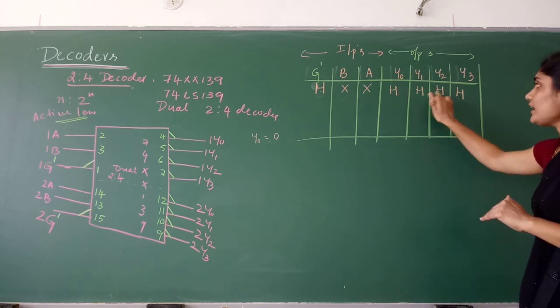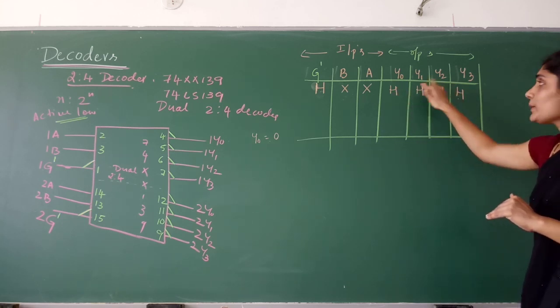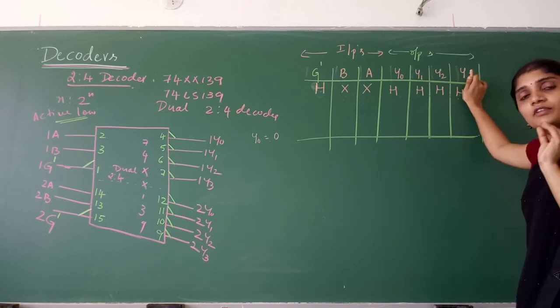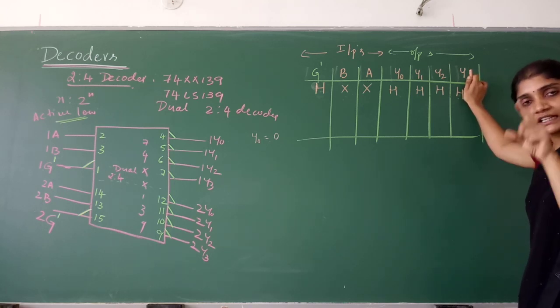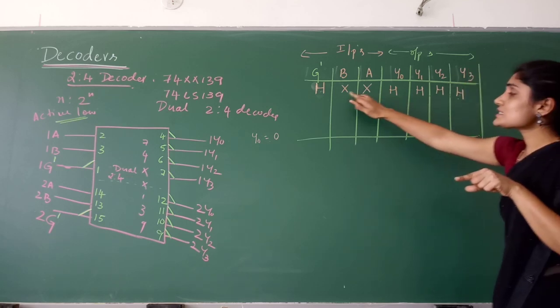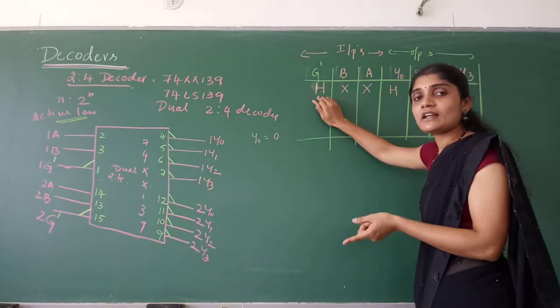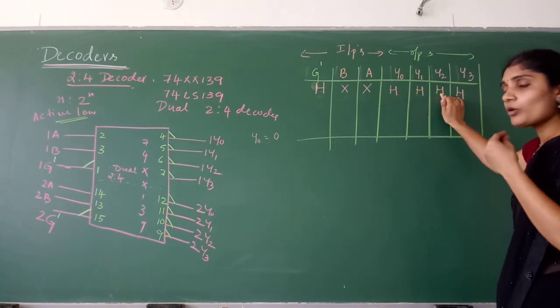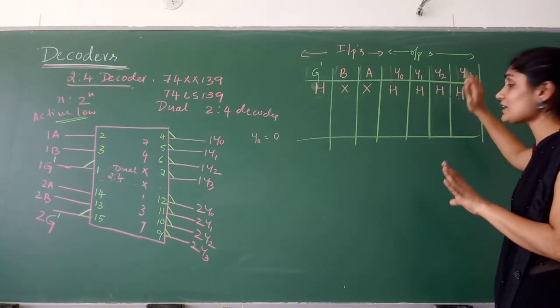Why are we writing high here? Because outputs are active low. If any of the outputs are active, that will be indicated by a logic low signal. But since the enable input itself is not active, all the outputs are disabled. That means no output is active. So all the outputs are at high.